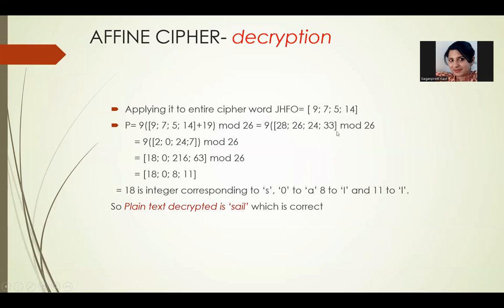These are the values I get: 18, 0, 8 and 11. 18 corresponds to S, 0 corresponds to A, 8 corresponds to I, and 11 corresponds to L. So my actual decrypted word is sale, which is correct.